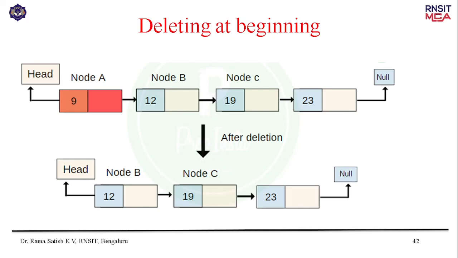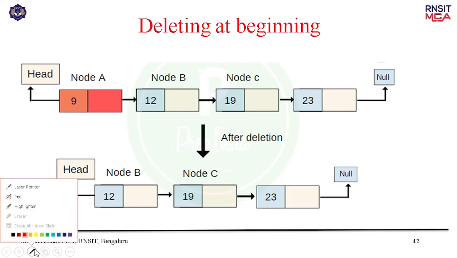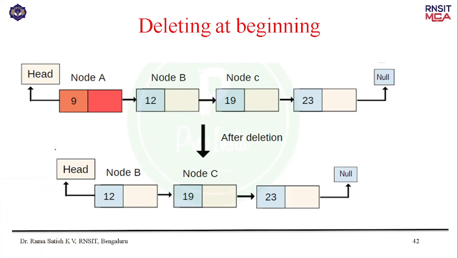Suppose you are trying to delete an element which is available in the first instance itself. You can see the element is present in the first instance itself.